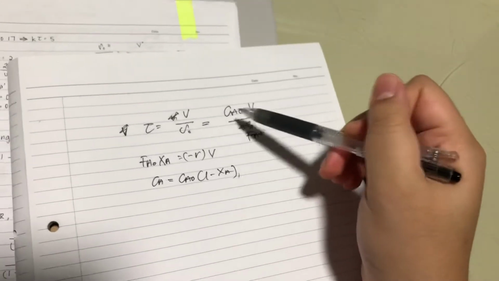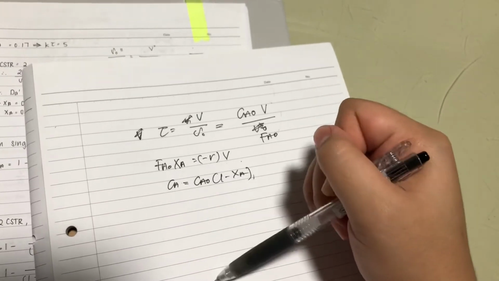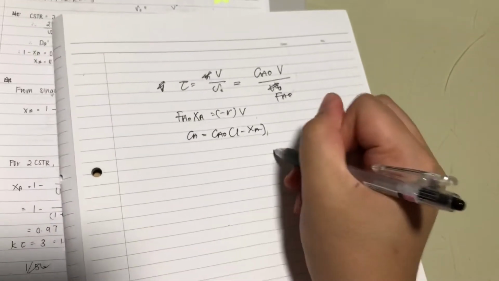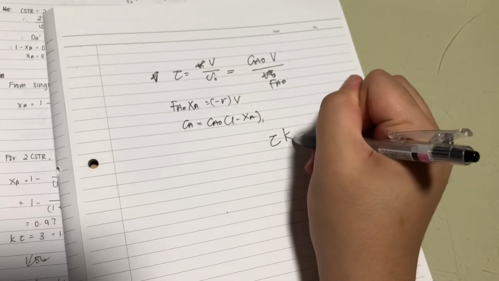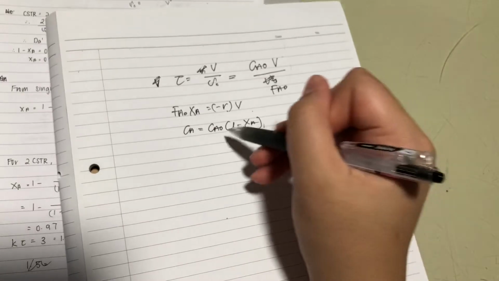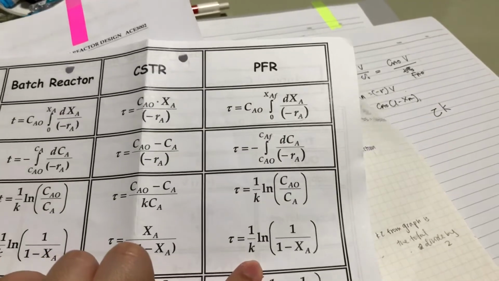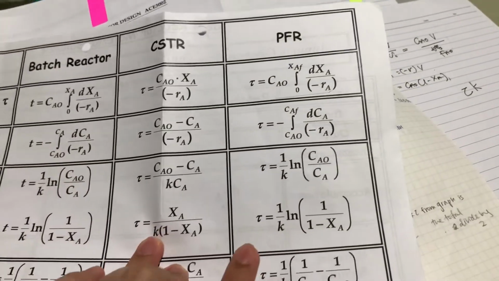So why do I say this one is relevant? Because when you derive this one and solve, you can actually obtain tau K. This K comes from this one, and then this XA, so you get this one. You will get PFR for this one, and CSTR for this one.